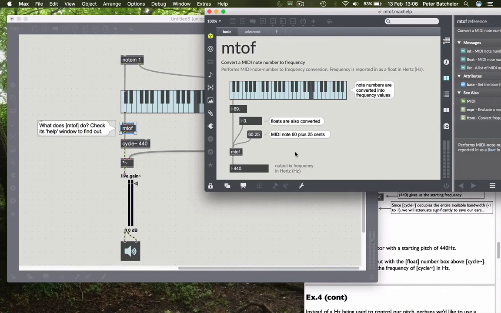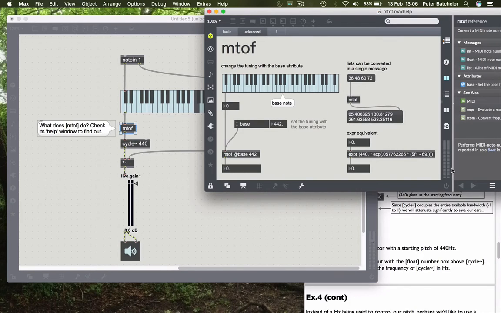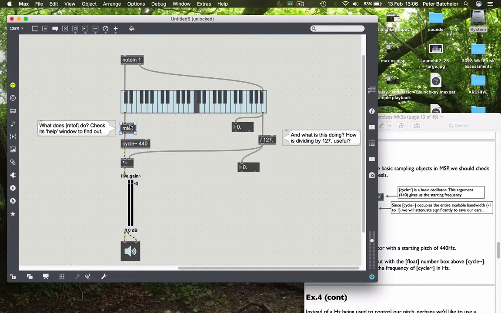And incidentally, if you really wanted to know, there is some maths going on under the hood, which if you were to do it yourself would look something like this. In fact, it would look like that. Thank goodness you don't need to do that. But that is the equation or the expression that's required in order to perform that calculation of converting a MIDI note number to a frequency. Again, you don't need to do that because this object does it for you.